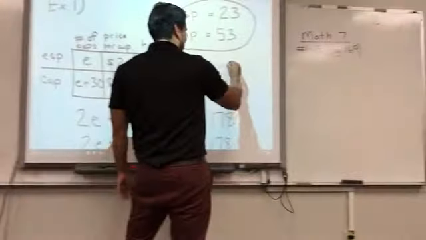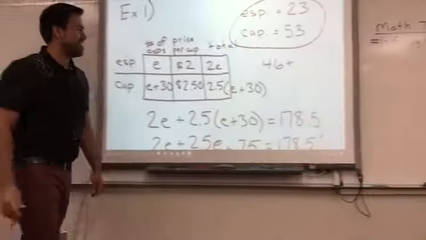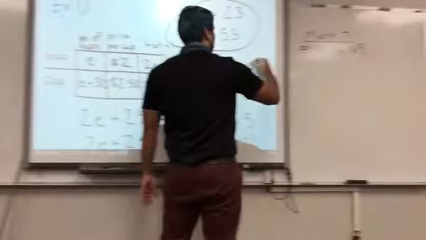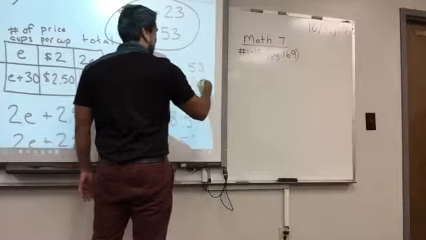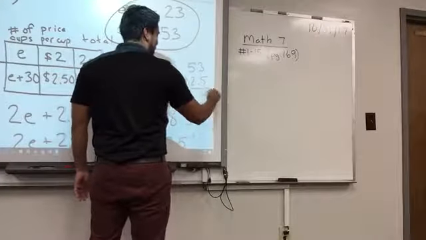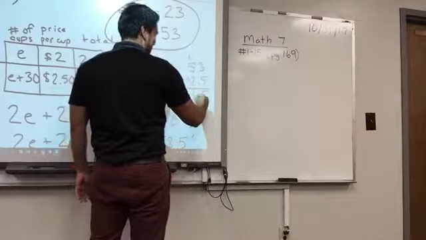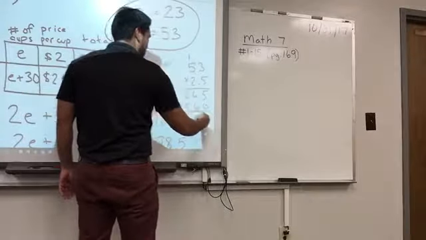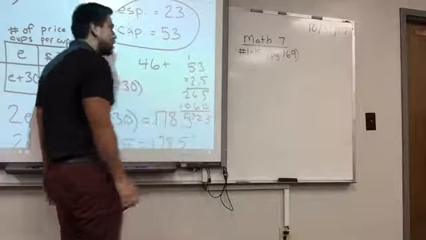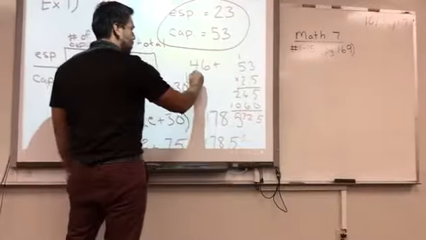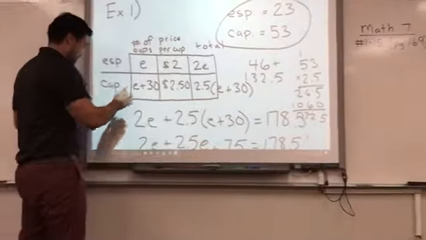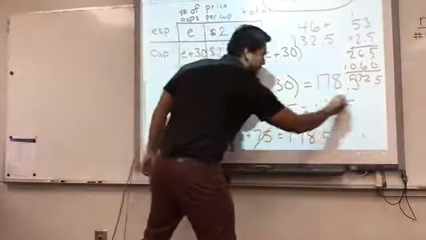All right, what is it, guys? You know what I do? Look, 53 times 2.5. You guys made me do it here. 132.5. You know what 132.5 plus 46 is? 178.5. Isn't that how much you sold that one day?